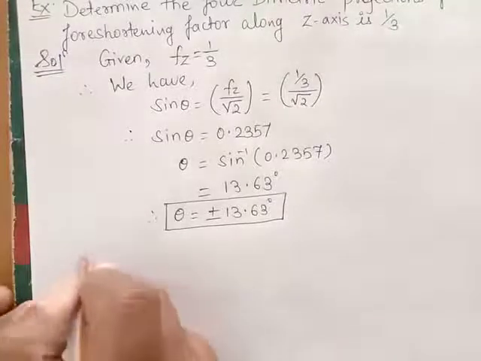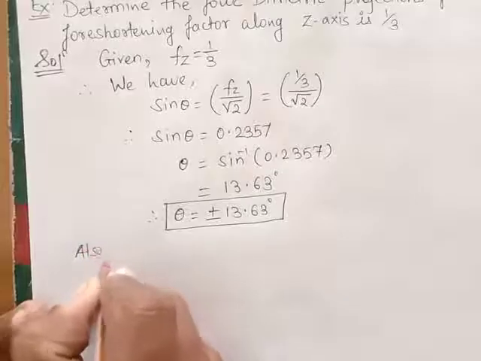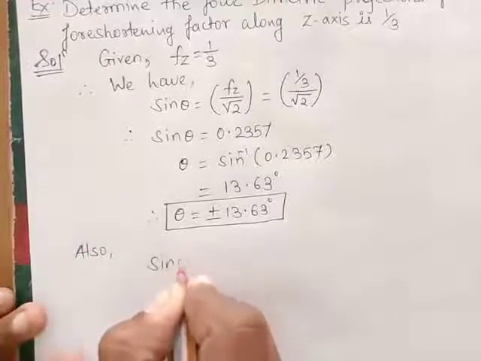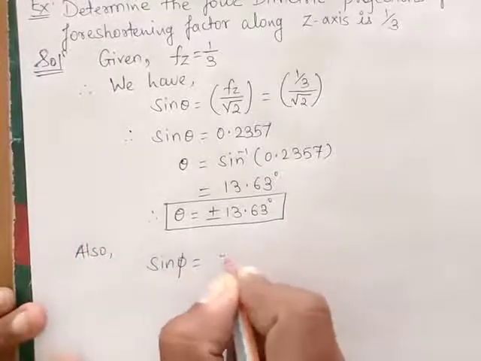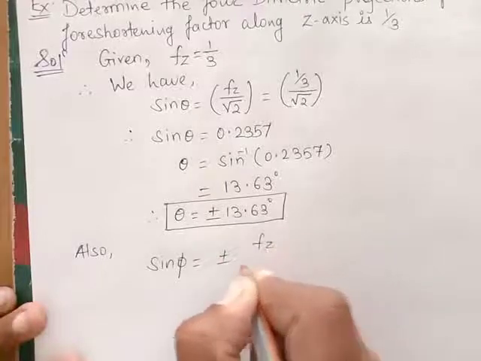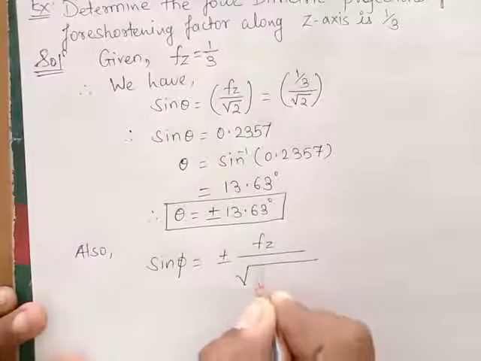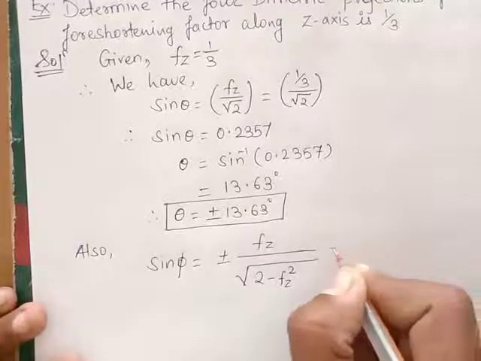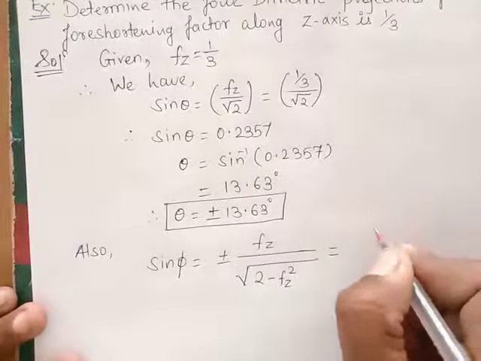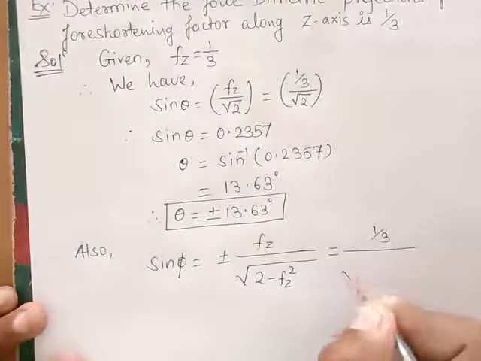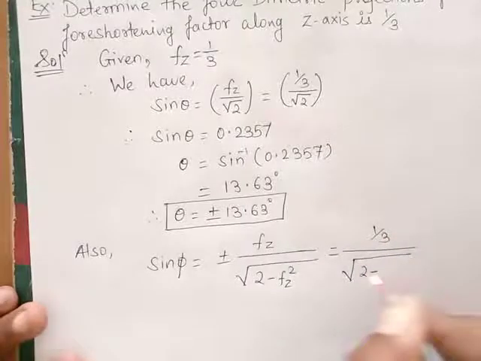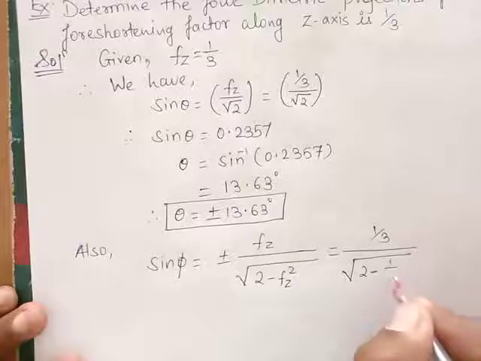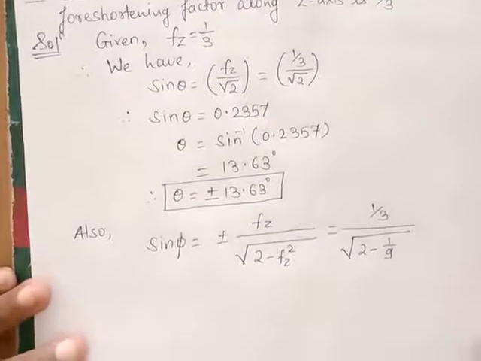Now also, sin phi is what? Plus minus fz upon root 2 minus fz square, right? So we get 1/3 upon root 2 minus 1/3 square, which will be 1/9, right?